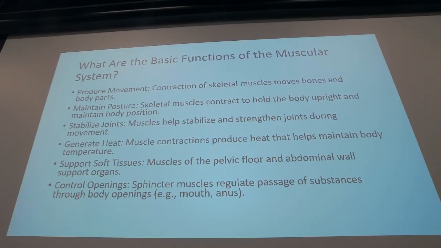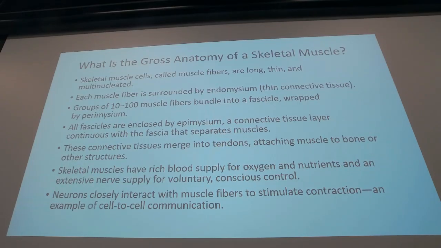We have sphincters, circular layers of muscles that help us to open and close these openings. And one example will be this muscle that we have around our oral cavity, our mouth, that is called orbicularis oris. If you close it, nothing comes in, okay? And then you open it, and then you can ingest your food.